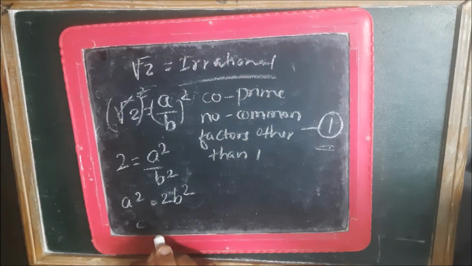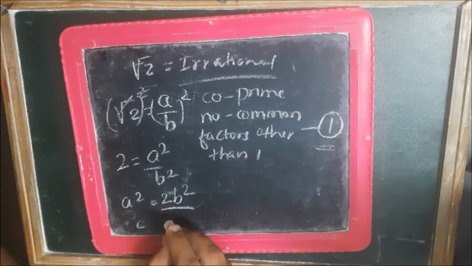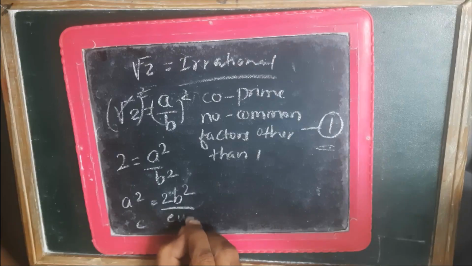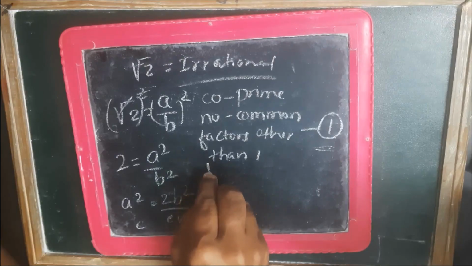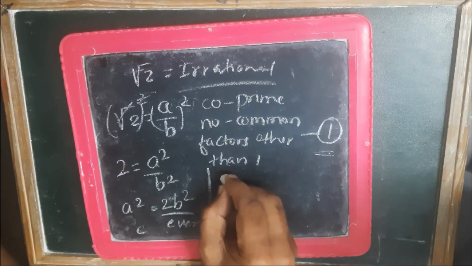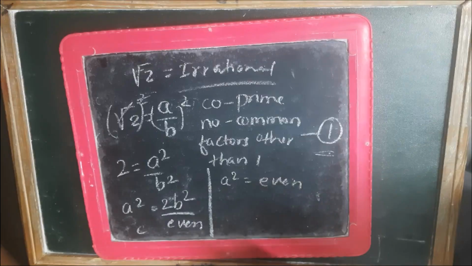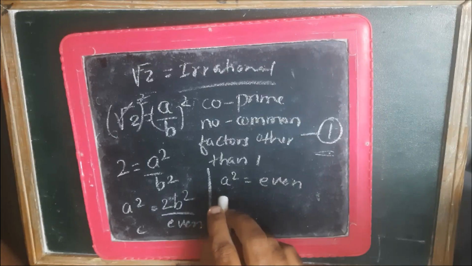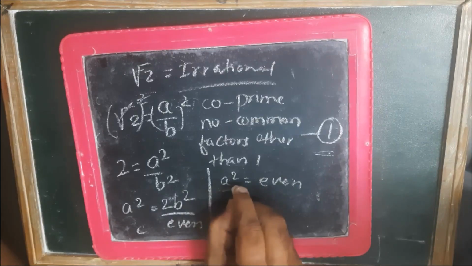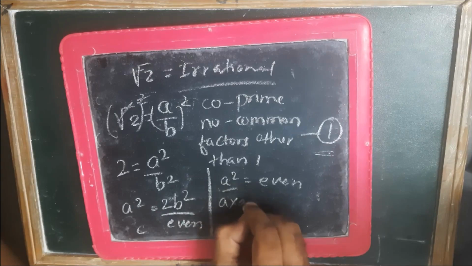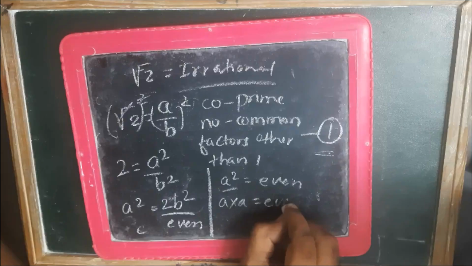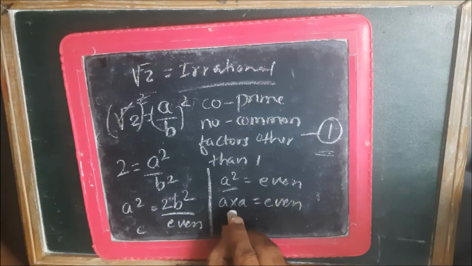So if you multiply any number with 2, we can say that this is even. That means a square is equal to even. And we can write a square as a into a is equal to even. And you already know that this can be even only when a is even.